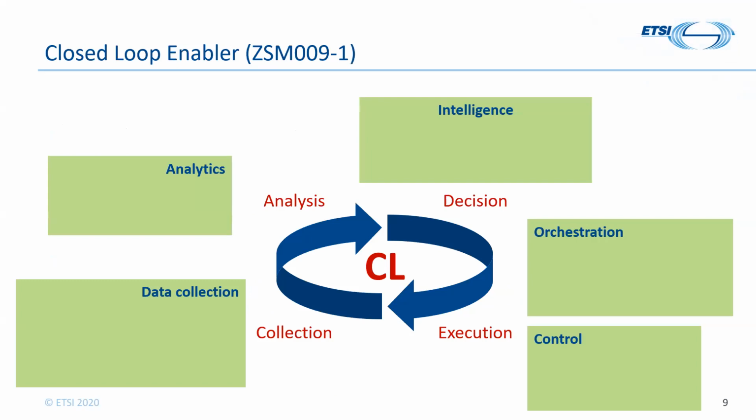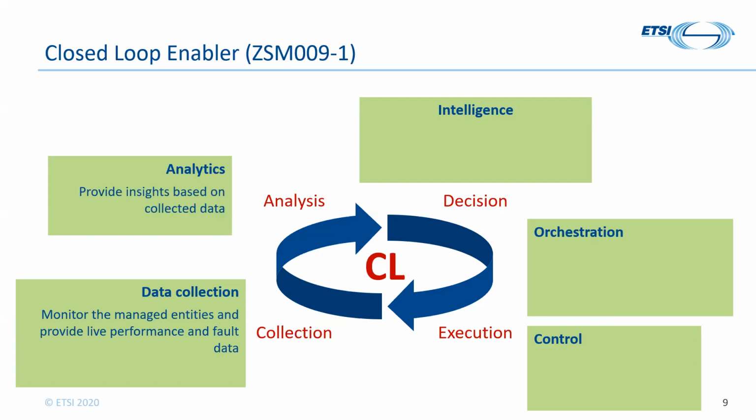The stages inside a closed loop are shown in the diagram here, and we have a managed entity that is being monitored. An example is a UPF or SMF in the 5G core network. We have a data collection function. For example, when an anomaly is detected, the data collection function is notified by the managed entity.